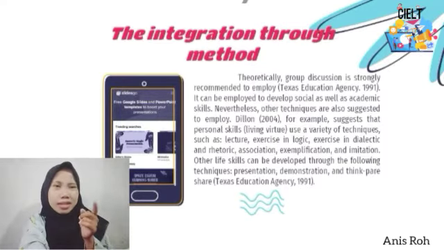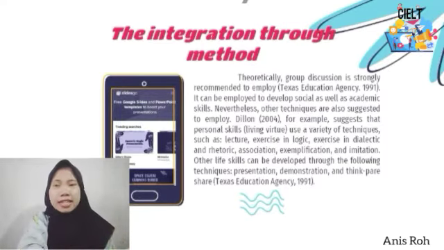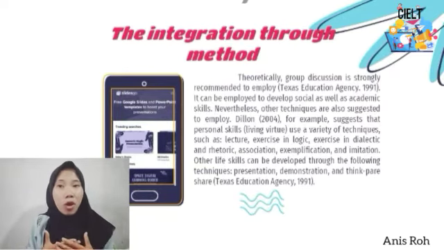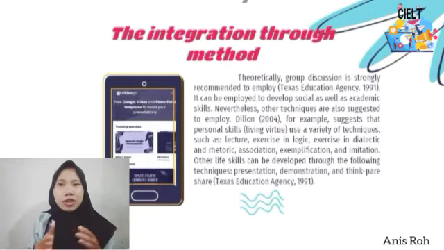Next, the integration through method. I think this is important, which is why we explain this material. Theoretically, group decision is strongly recommended. It can be employed to develop social as well as academic skills. Nevertheless, other techniques are also suggested.